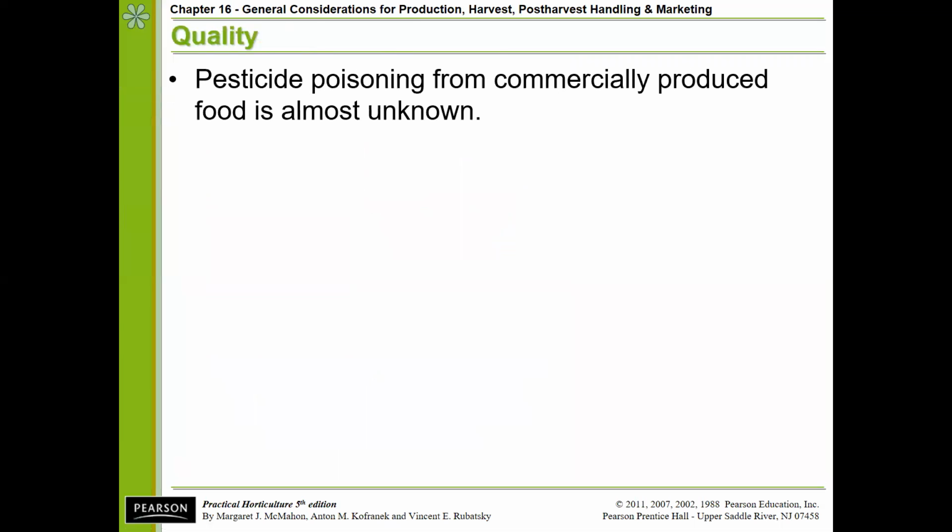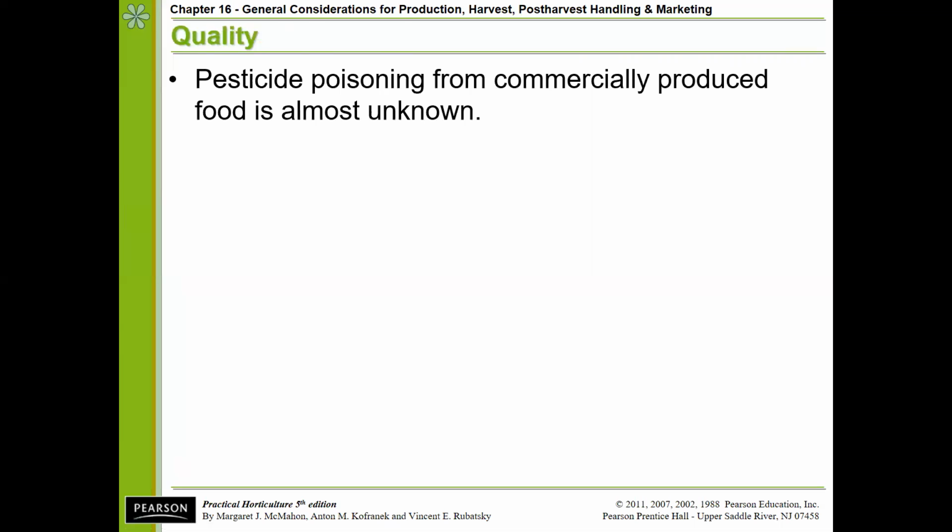To this day, pesticide poisoning from commercially produced food is rare as we know it now, although we have seen some studies that are looking at that. I think that some pesticide residues might actually be causing other things that we didn't intend, not direct poisoning, but more like chronic exposure.